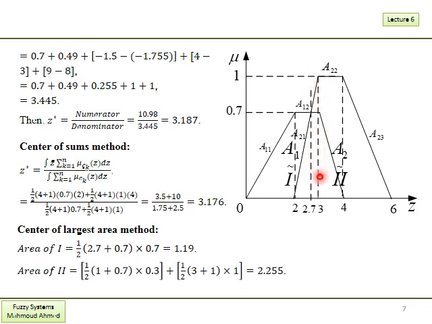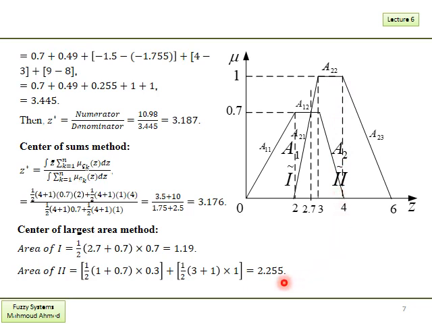This is 1, and this is 0.7, multiplied by the height, which is this small distance 0.3, plus the area of the trapezoid here, which is equal to half multiplied by 3 plus 1. Here is 3, from 3 to 6. This is 3 plus 1, which is this distance, multiplied by 1, which represents the height of the trapezoid.